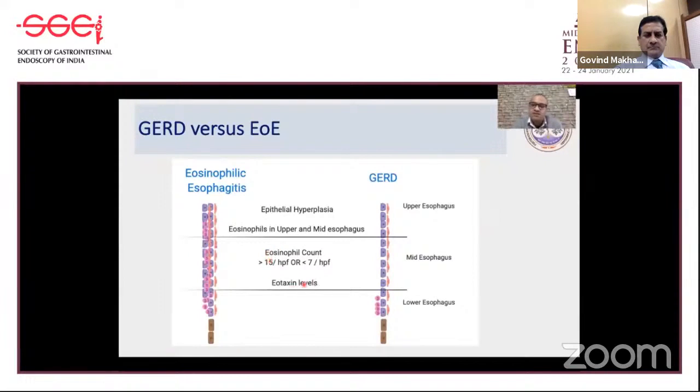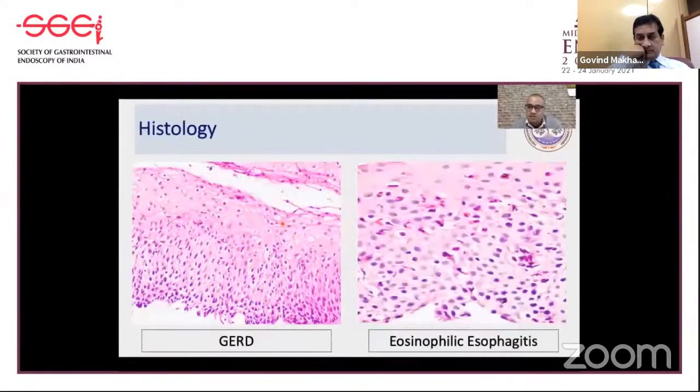The eotaxin levels are elevated in eosinophilic esophagitis, and the epithelial hyperplasia is much more prominent. These are some of the features which pathologists may use to differentiate eosinophilic esophagitis and GERD. These are just representative images: in eosinophilic esophagitis, a large number of eosinophils, and in reflux disease, a very small number of occasional eosinophils.